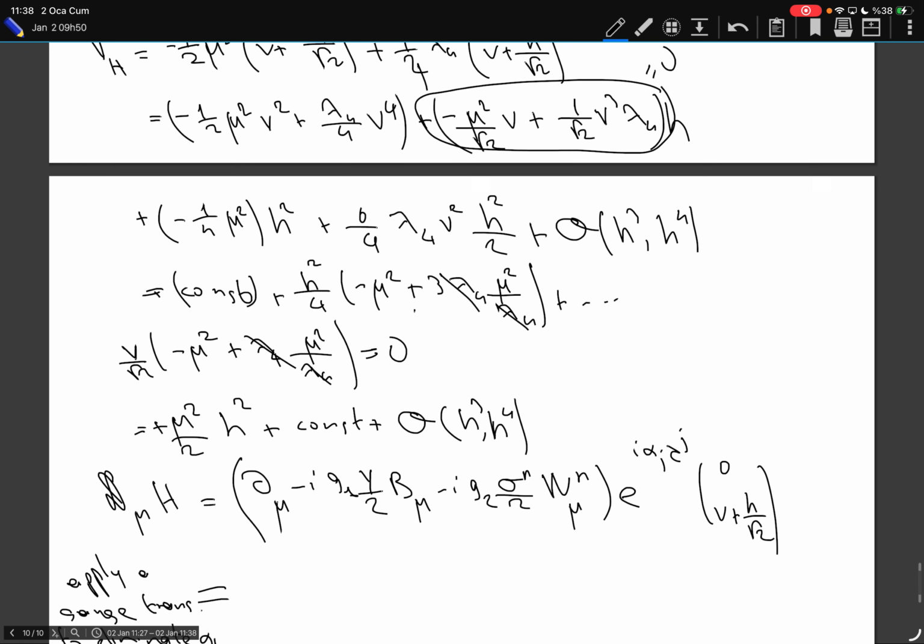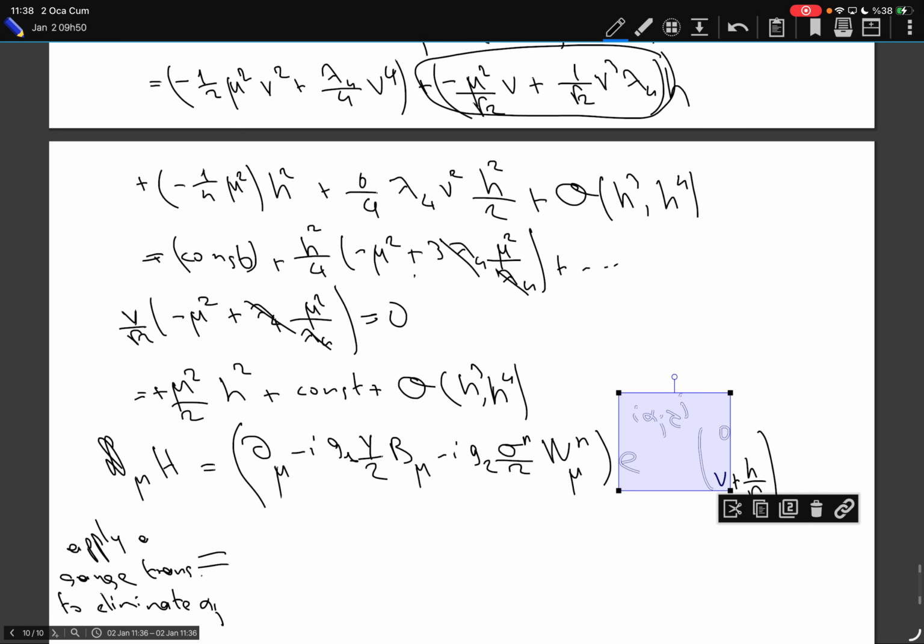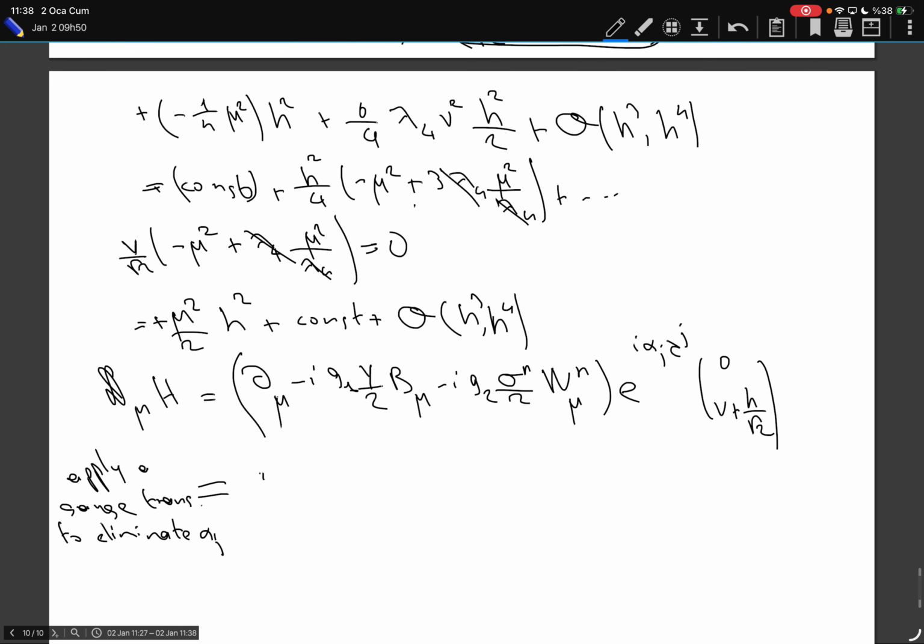But even if they would, I could just eliminate them by a gauge transformation. So that will convert this term to del mu minus i g1 Y, where I need to use the hypercharge of the Higgs field, whatever that is.